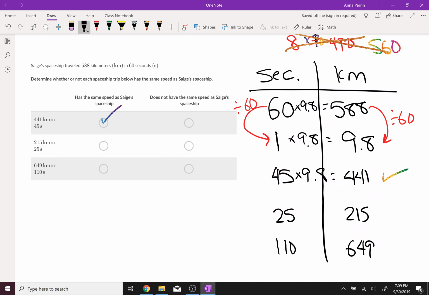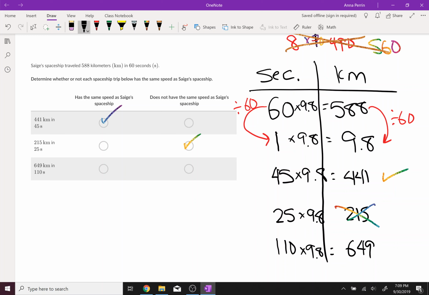Looking at the next one, 25 times 9 8/10 is 245. That tells me that this answer is not correct because it's not the same. So that means that that spaceship is traveling at a different speed. And for my last one, 110 times 9 8/10, let's see.